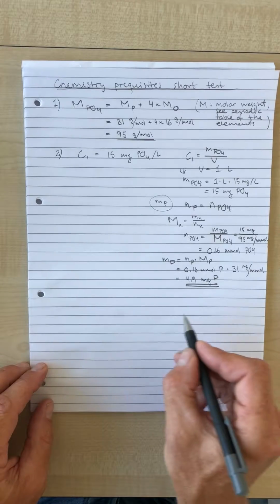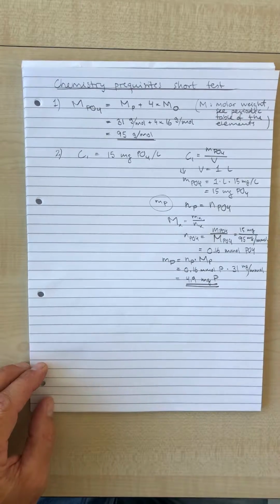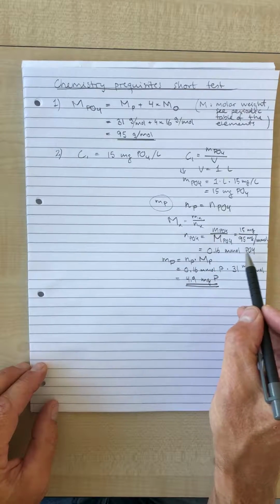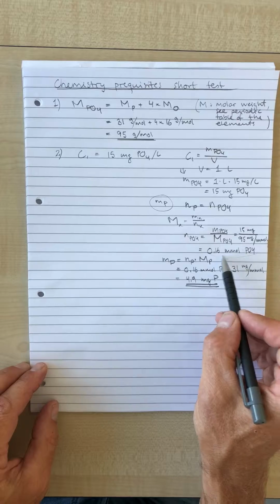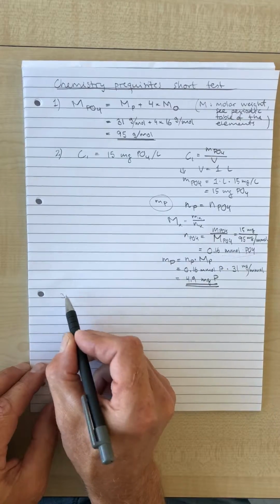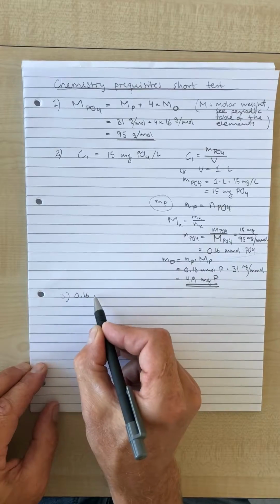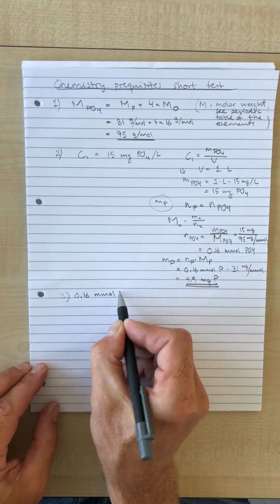So question 3 was how many millimole is in the solution from question 2, and this answer I've got calculated here. So I have the result from question 3 being 0.16 millimole of phosphorus.